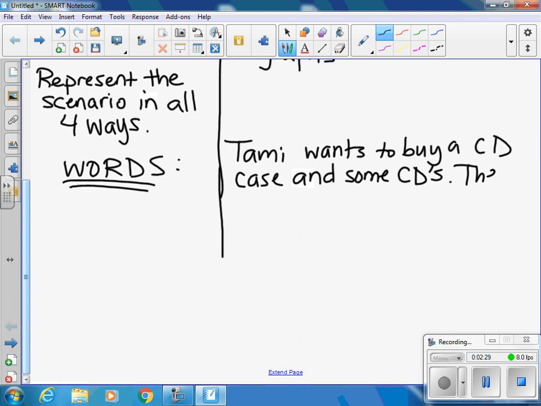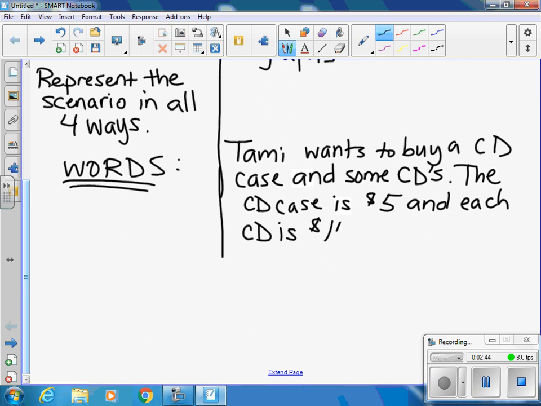The CD case is $5, and each CD is $10. All right, so that's our scenario in words.